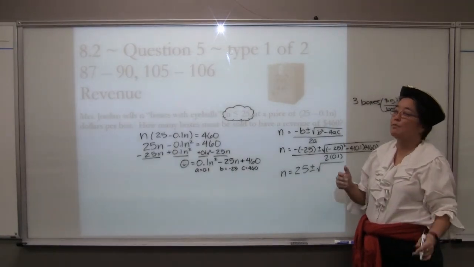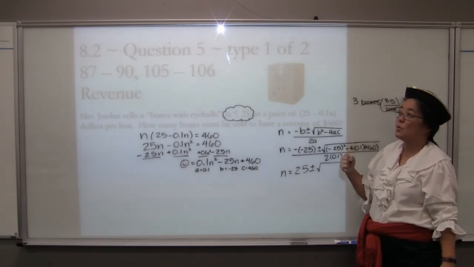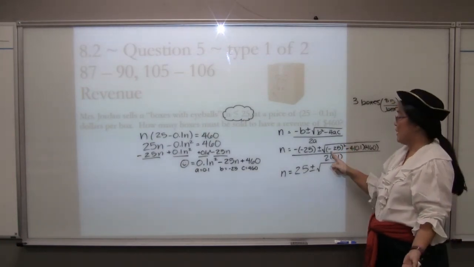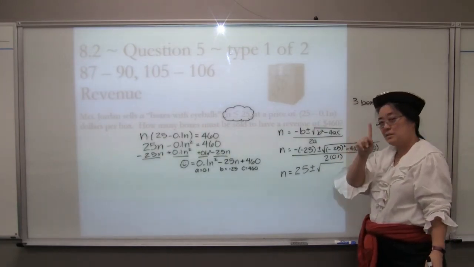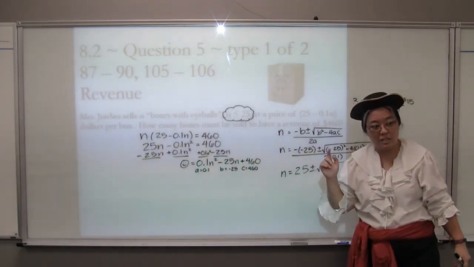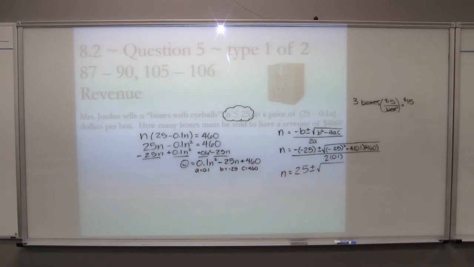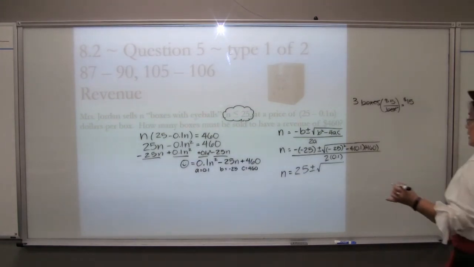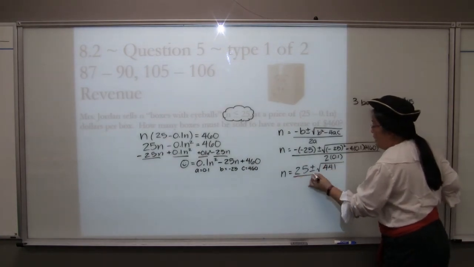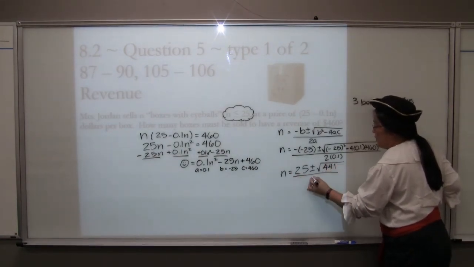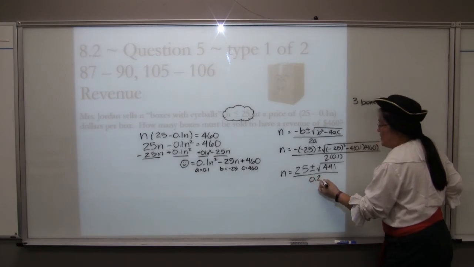Do you remember at the very beginning, 8.2, question 1, I just wanted you to find b squared minus 4ac. Same thing here. I want to find this. Give me a moment. I'm going to do this in a calculator. This is 441. All over 2 times 0.1, which is 0.2.